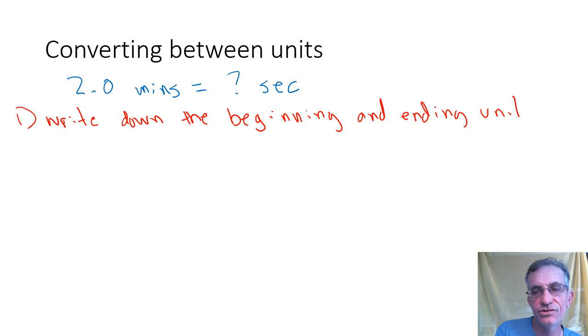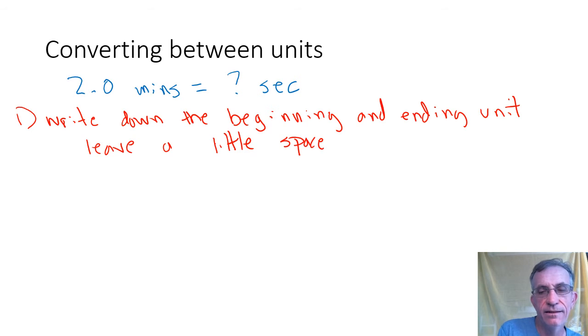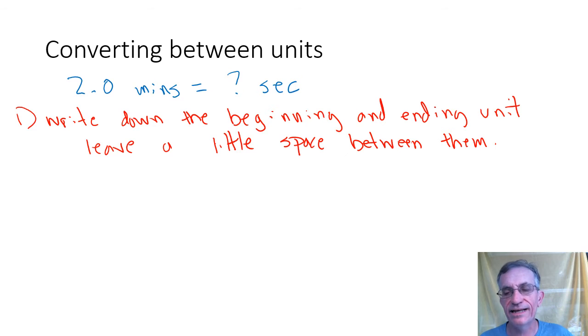And I should also mention, we will leave a little space between them. Now, in this example, I'm already giving you the beginning and ending unit, right? I told you we're going from minutes to seconds. So minutes is my beginning unit, seconds is my ending unit.